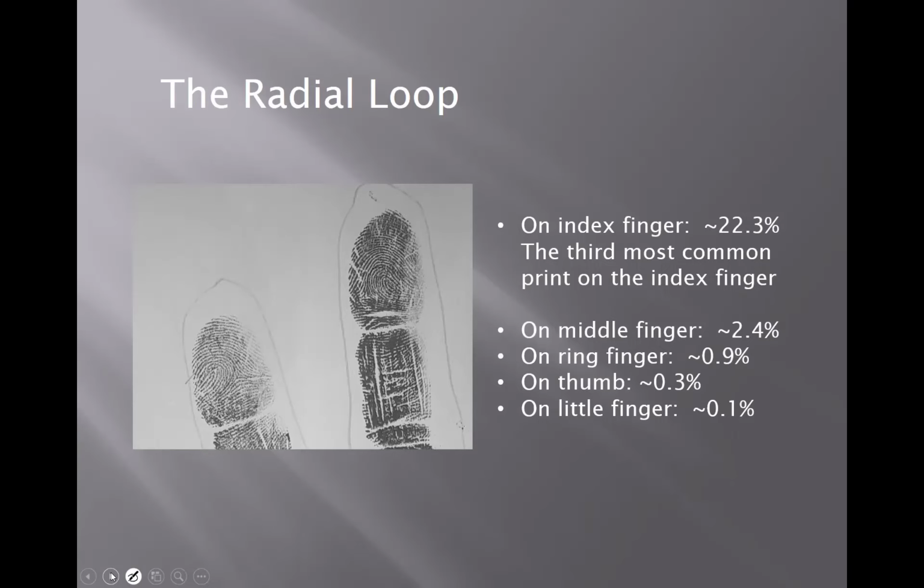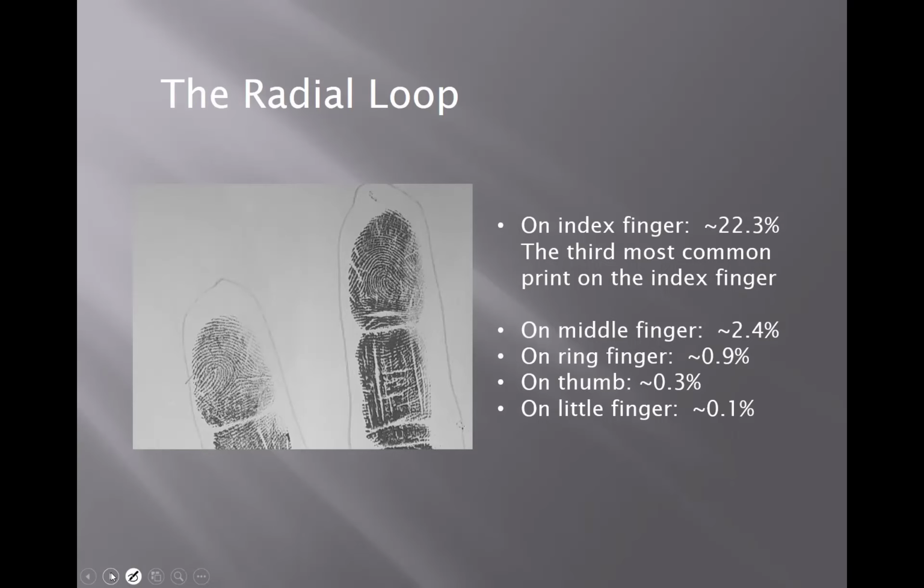So it's a very unusual pattern to see on any finger other than the index finger. But when it's found on the index finger, it's actually incredibly common. There's no biologic reason given by any scientist that I've ever come across to explain why radial loops occur on this finger only and not really on the other ones at all.